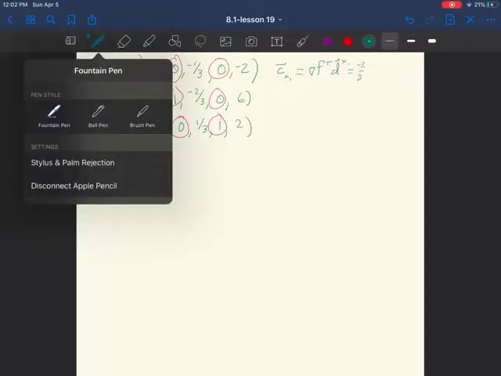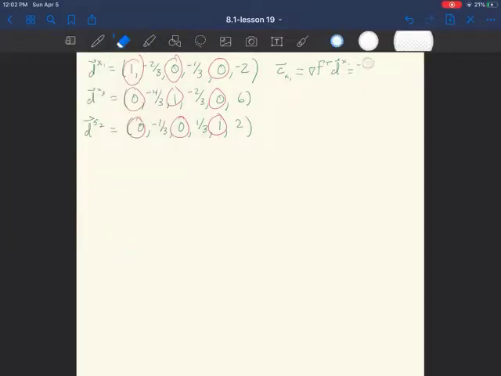It's going to be 8 times 1 plus 9 times minus 2/3, which equals 2. Right, 8 minus 6, so that's greater than 0.